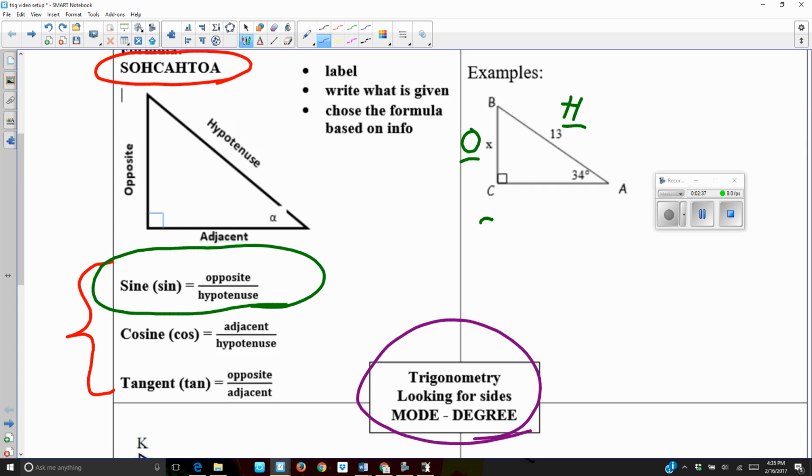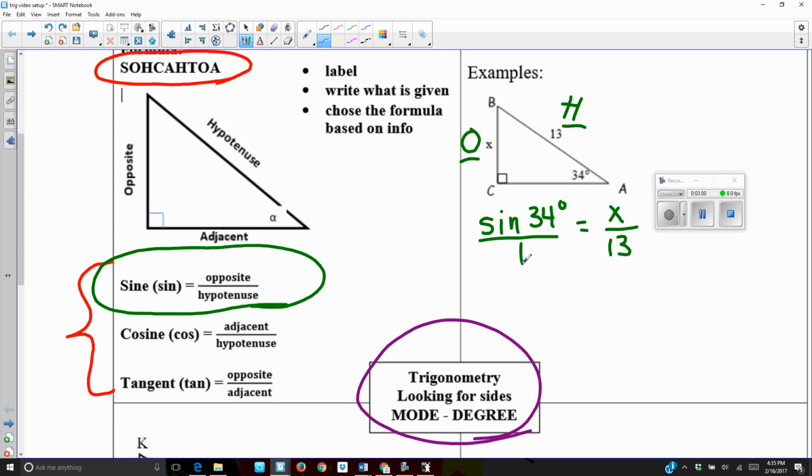So we're simply going to take the sine of the angle of the problem, abbreviated SIN. So the sine of 34 degrees is equal to the opposite side, which in this case is x. You can use whatever variable you like, over the hypotenuse, which is 13. I'm going to put the sine of 34 over 1.